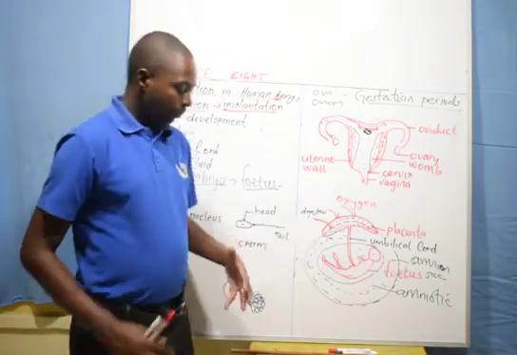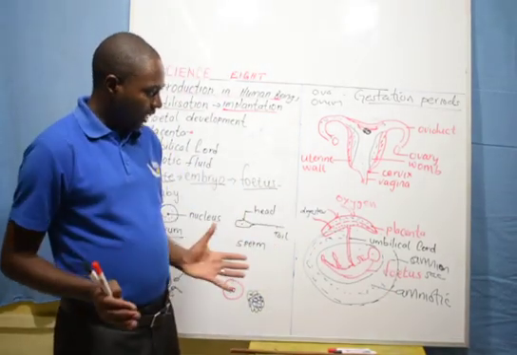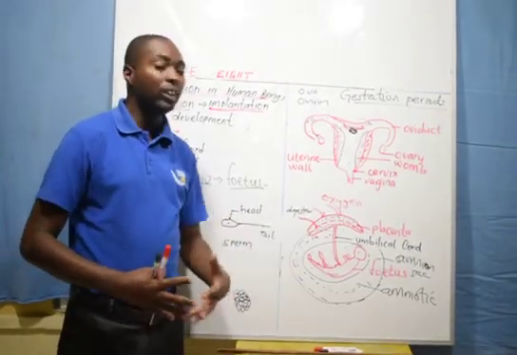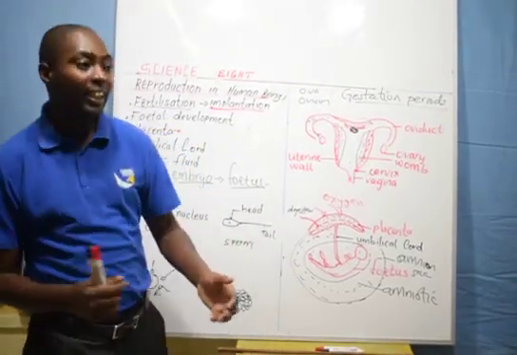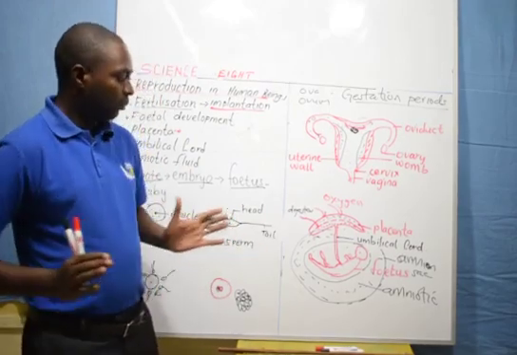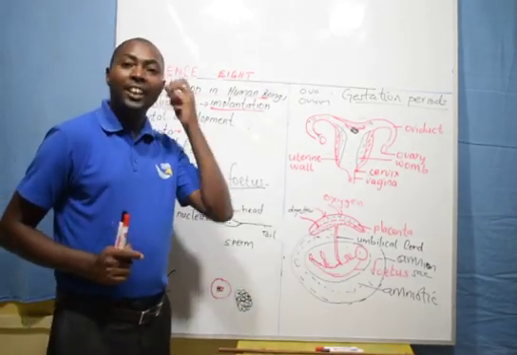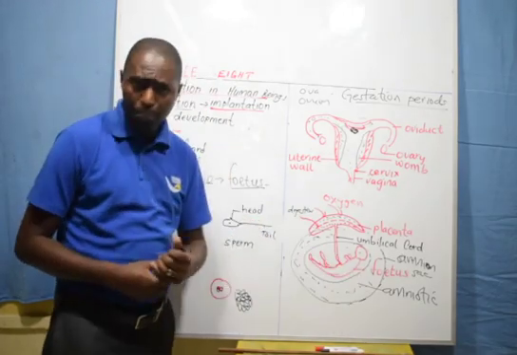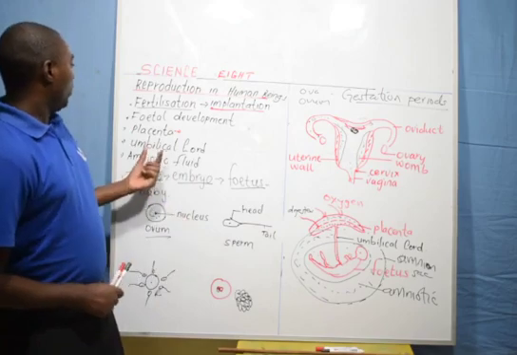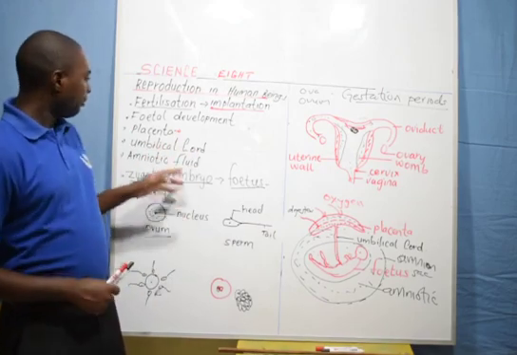When you see mothers with a large belly, it is because of the accumulation of the amniotic fluid. It also prevents shock. Anytime the mother gets a punch, it prevents the shock from reaching the child. So the amniotic fluid is very important. It also absorbs shock.